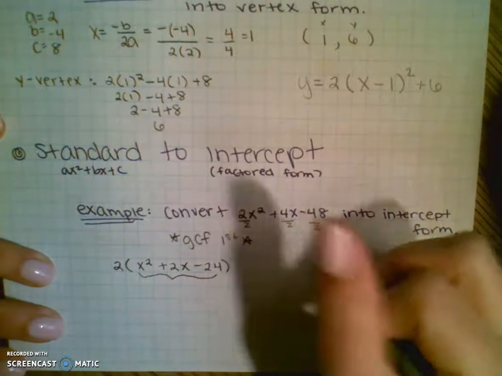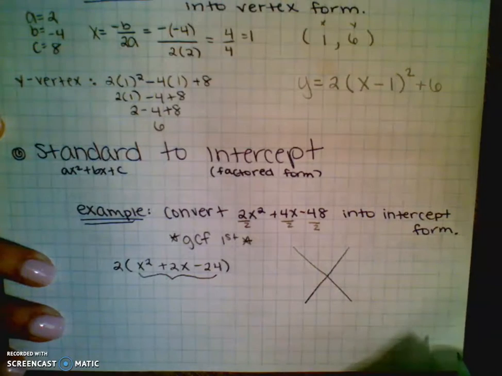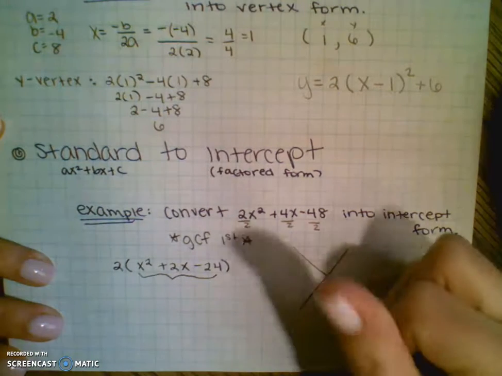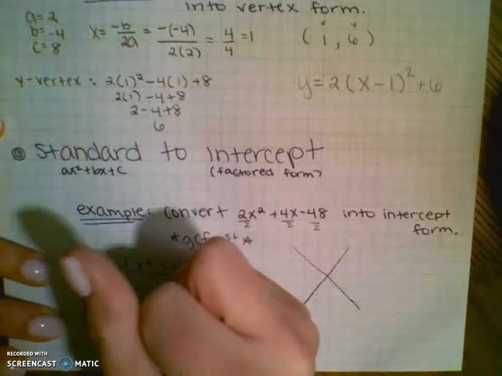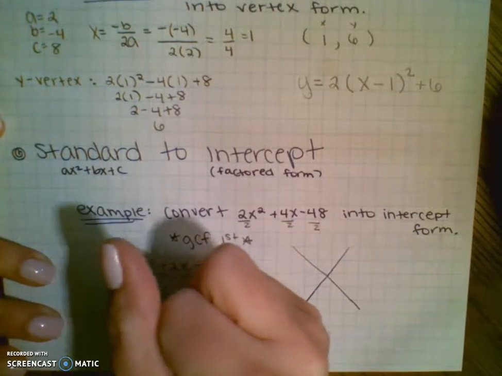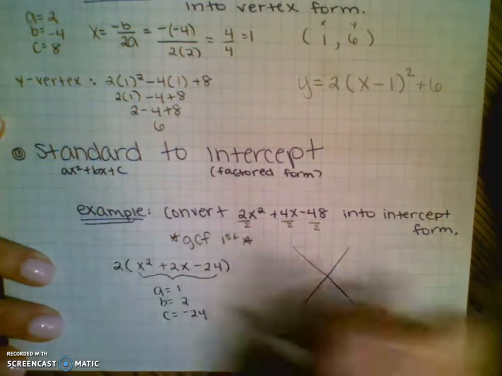So that's your big X, or crisscross, like Miss McGaw likes to call it. You still need your ABCs, and your ABCs are based off of this: A, B, C. 1, 2, negative 24.